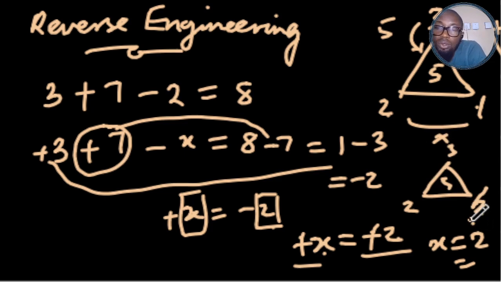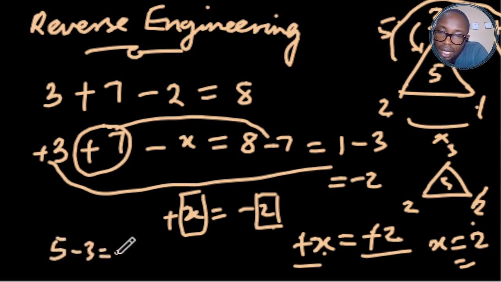So I need to use reverse engineering to solve this. The reverse engineering is that I'm going to do 5. The last thing I did to get 5 was that I added, there was a plus 3. There was a plus 3 that resulted in 5. I will do 5 minus 3. I'll get what? 2.